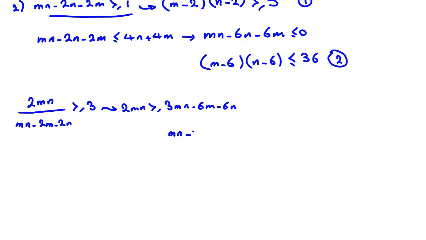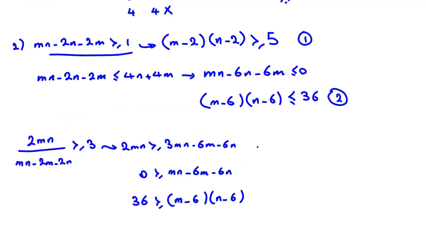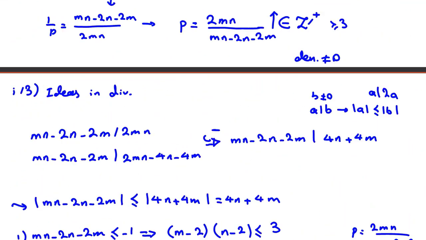Again, here we can say mn minus 6m minus 6n is less than or equal to 0, 3mn. So again, we can say what? m minus 6, n minus 6, but here less than or equal to 36. Okay, again here we've reached the same result as before.